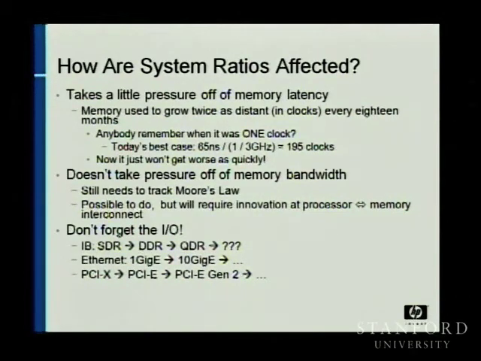Quad data rate, for example, really relies on PCI Express Gen 2 in order to get full bandwidth. So again, it's an ecosystem. There's no reason to have a faster I/O slot if there are no adapters for it. I can't believe I'm saying something so obvious to this crowd, but it's amazing how often the mistake gets made where you have too fast of a NIC for the computers that are out, or too fast of a computer for the NICs that are out. Everybody's got to go in lockstep.